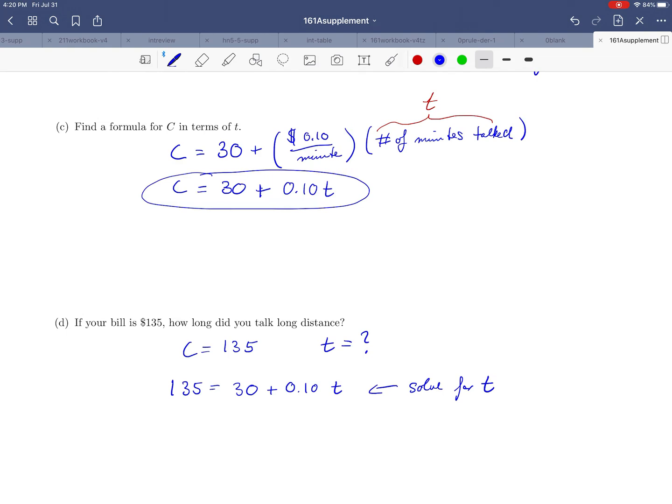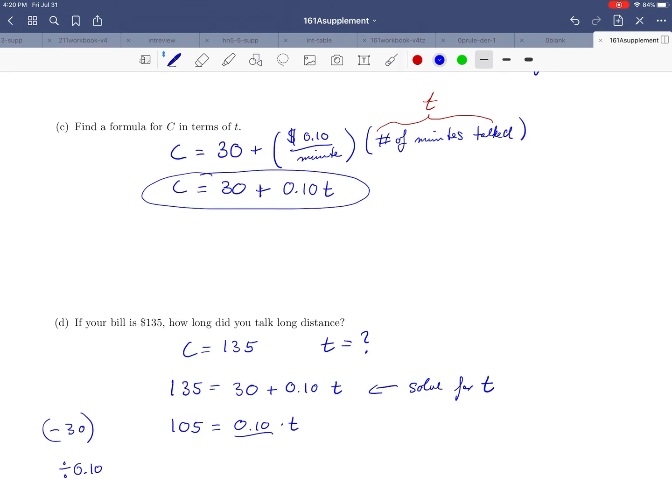The way I do this is I first subtract the 30 from both sides. So I get 135 minus 30, that is 105. That gets rid of the 30 on the right hand side, and I'm left with 0.10 times t. Next, I'm going to divide both sides by 0.10.